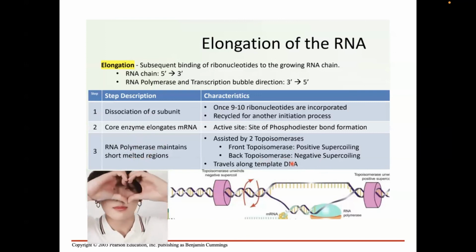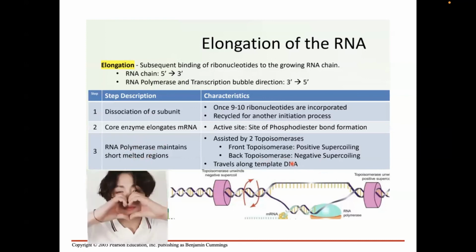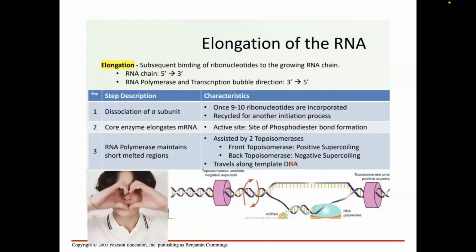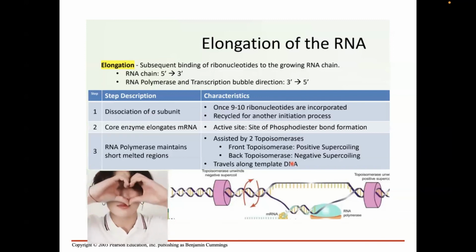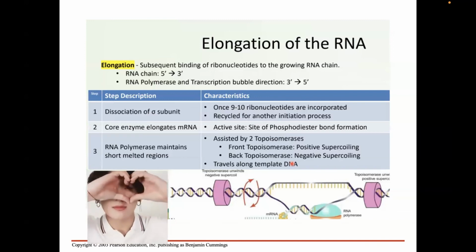For the elongation of RNA, applicable pa rin po ang ating mga topoisomerases to prevent the supercoiling. Okay? Coiled siya, pero coil ang ating mga DNA and RNA, but supercoiling is bad for that specific template. So, dito yung ating topoisomerases para mapigilan yun.